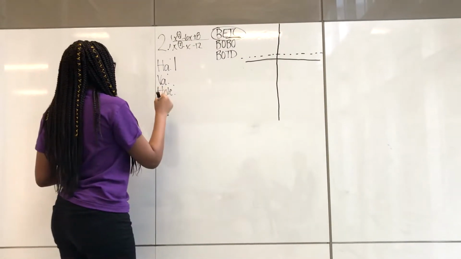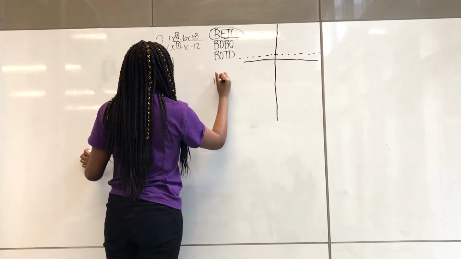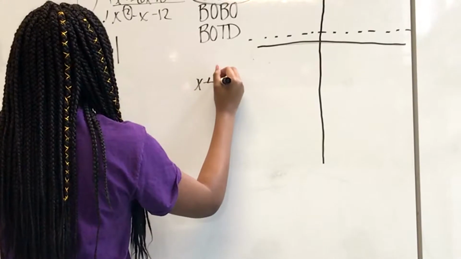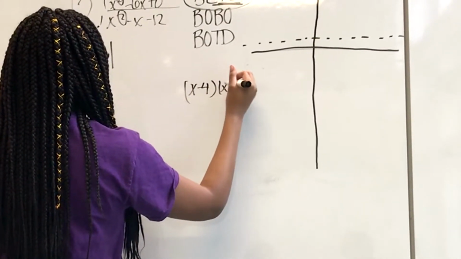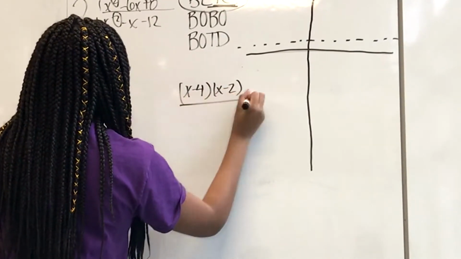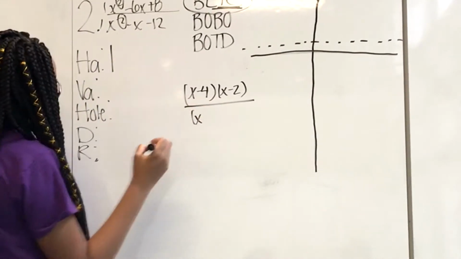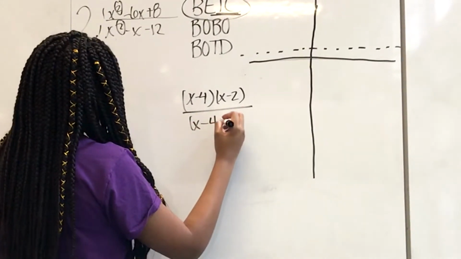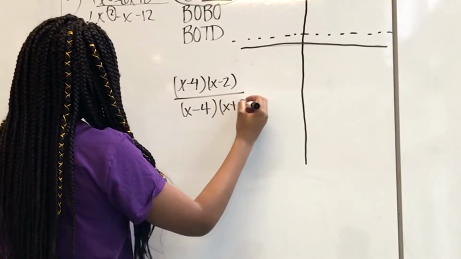And then next we need to factor this out. So you're gonna have x minus 4 over x minus 2, and x minus 4 and x plus 3.